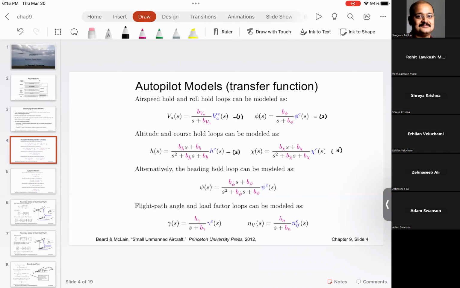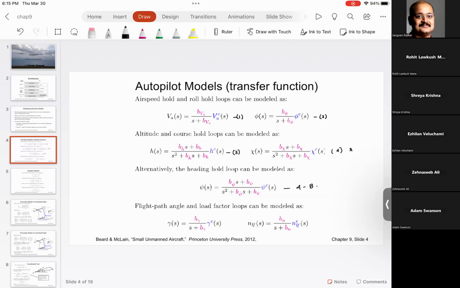And then if you ignore the disturbances because of the wind, you have an alternate formulation. I'm going to call this 4A and 4B. 4B gives you the heading loop hold, which is nothing but when you have no wind disturbances, your course and heading become the same.